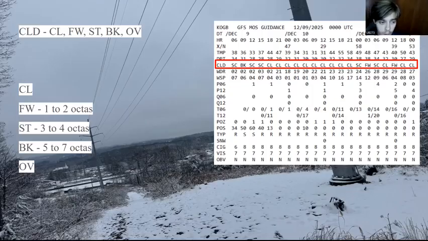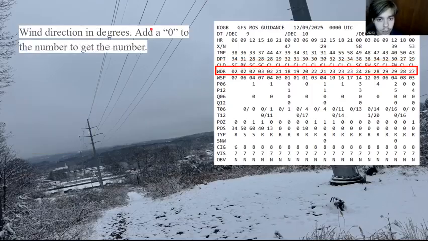So 1 to 2 octas for few, SC scattered 3 to 4, BK broken clouds 5 to 7, and then OV overcast. In this case, you can see there's just SC, BK, SC, CL. It's mostly not that much coverage for Orangeburg in the next couple days.